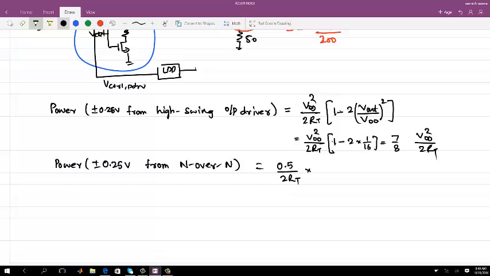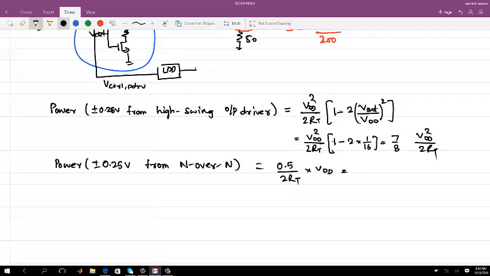Normally, sometimes they only consider the supply of the output driver, not the supply of the regulator. If you consider the supply of the output driver, which in this case is half a volt, then the power consumption will be lesser. But let's not cheat ourselves. You basically take the regulator supply, so that is still 1 volt VDD, and you have 0.5 by 2RT.